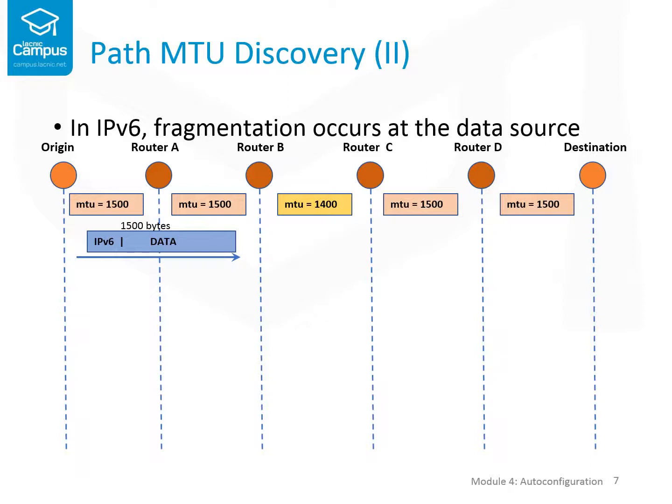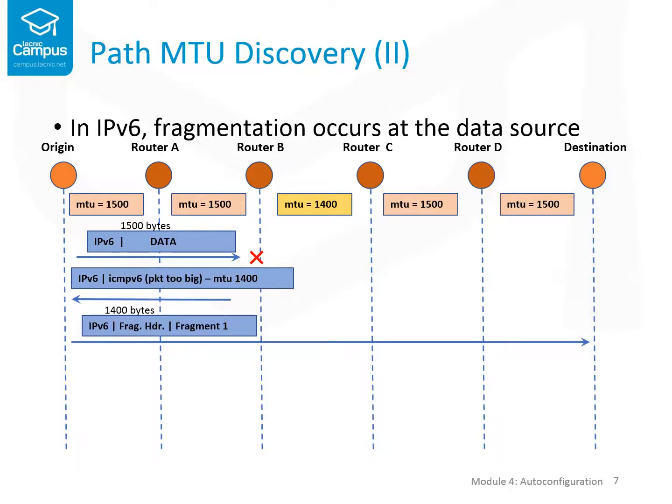Let's suppose a source sends a 1500 byte packet to a destination. This packet will hop from one router to another until reaching router B, where it finds a 1400 byte MTU. This means that the packet does not fit in the link. Router B discards the packet and sends an ICMPv6 packet too big message, including the information on the 1400 byte MTU that generated the error.